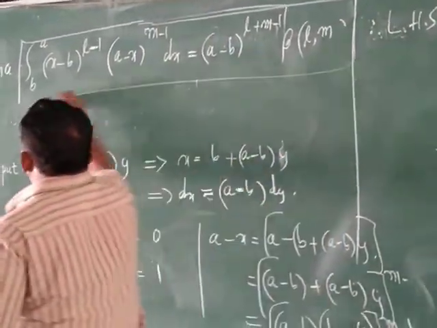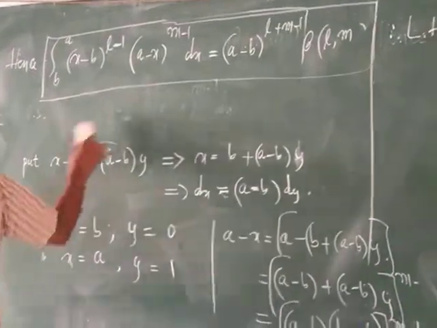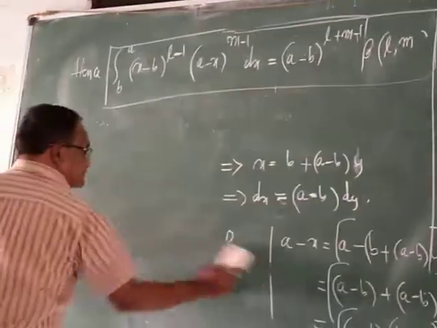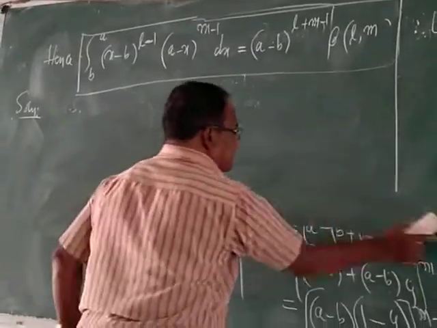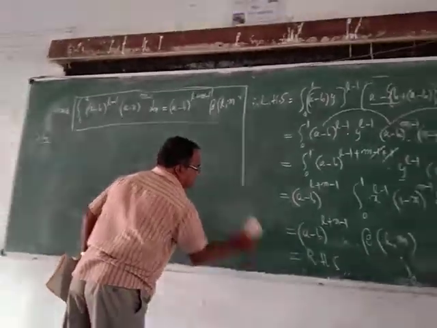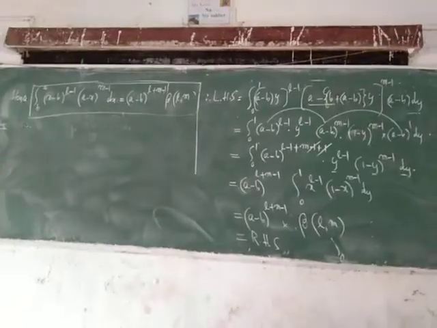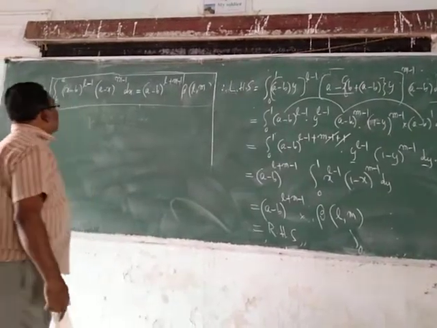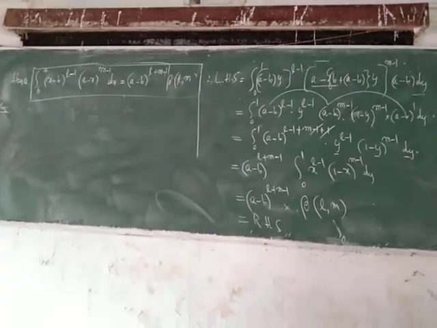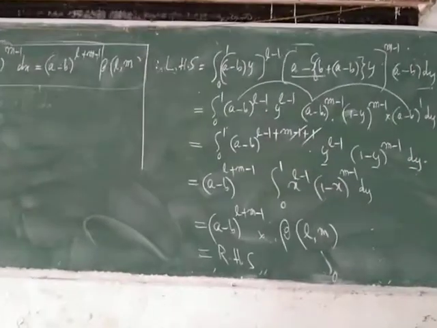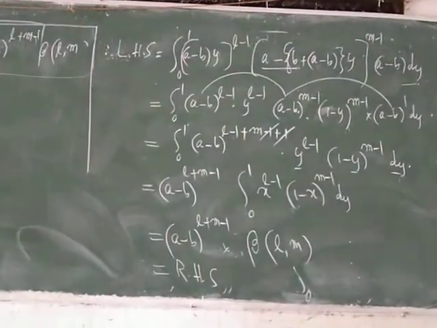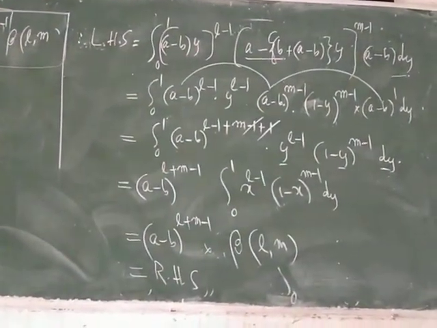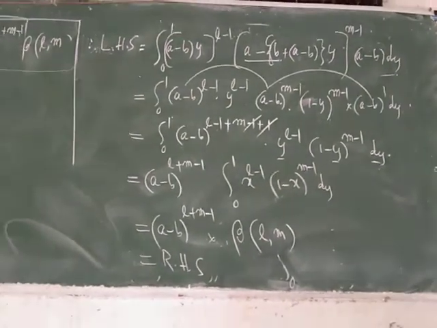It is integral from b to a of this, x minus b whole to the power l minus 1 into a minus x whole to the power m minus 1 into dx is equal to a minus b whole to the power l plus m minus 1 into beta l, m.